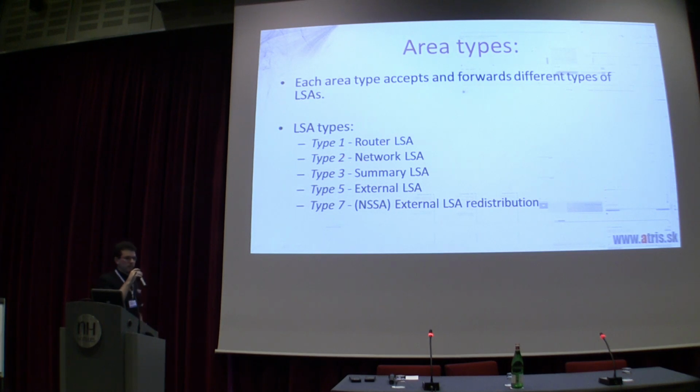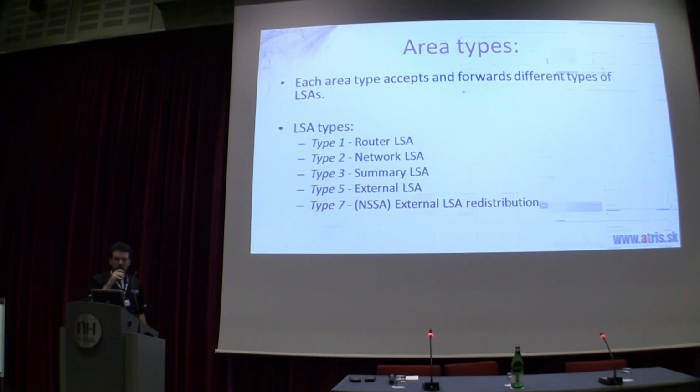Type 2 is used within the local layer 2 network. So the routers talk to each other and exchange information about their local network. Then type 3 is the summary LSAs, where all the other networks that the router has connected to it are exchanged through type 3 LSAs. Then we have type 5 LSAs, which are external LSAs, which are routes or destinations injected into the OSPF process externally.